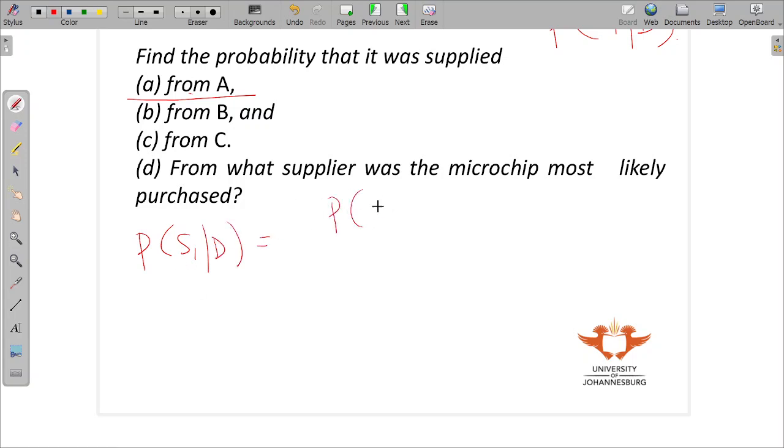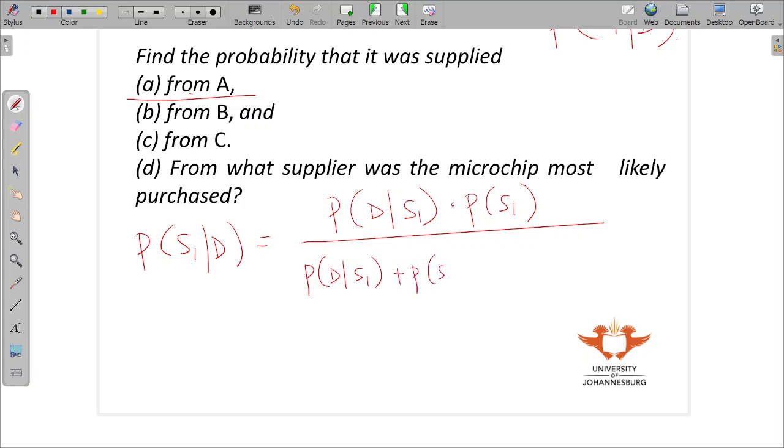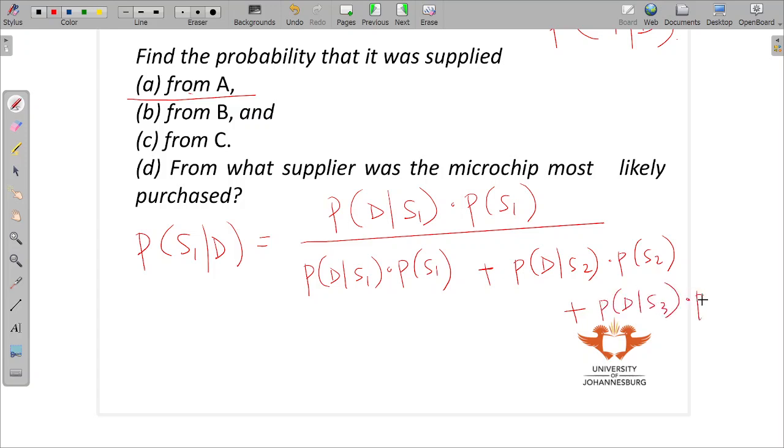It will be probability of D given S1 multiplied by probability of S1, all over probability of D given S1 times probability of S1, plus probability of D given S2 multiplied by probability of S2, plus probability of D given S3 multiplied by probability of S3.